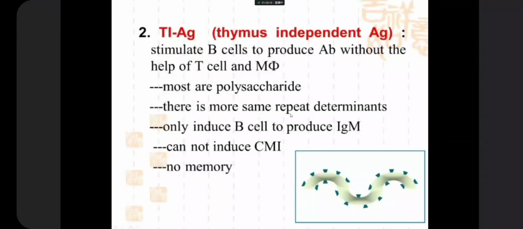There is more than one repeated determinant. TI antigen can only induce B cells to produce IgM; they couldn't produce IgG or IgA, only IgM.